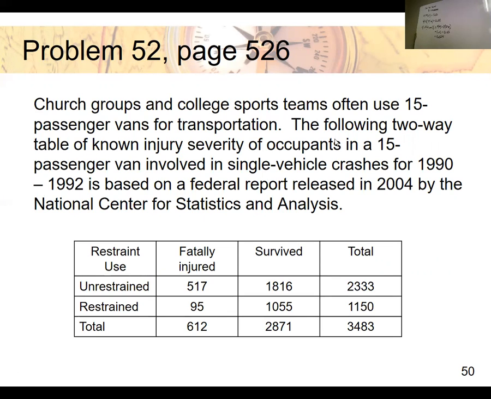So that's the table that we're going to be using. I'm going to recreate that table on the board, because on the very next slide, we're going to be answering a couple of questions related to that.